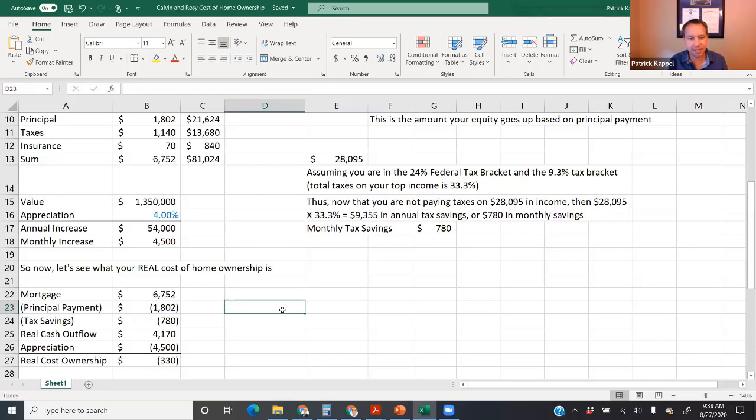The house I'm sitting in today, I live in for free because when I look at my tax deduction savings, when I look at my principal buy down on my house, and when I look at my appreciation rates of my house, year over year, month over month, it is always a greater gain than what I write a check for the mortgage every month.